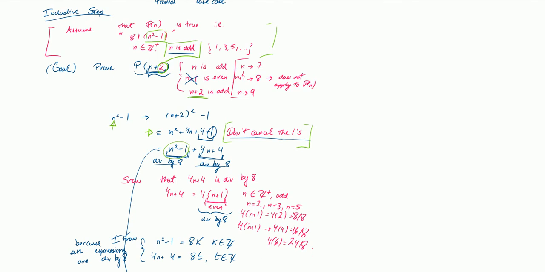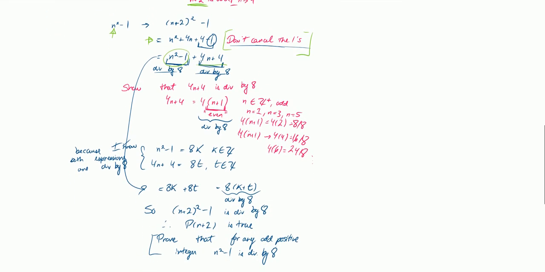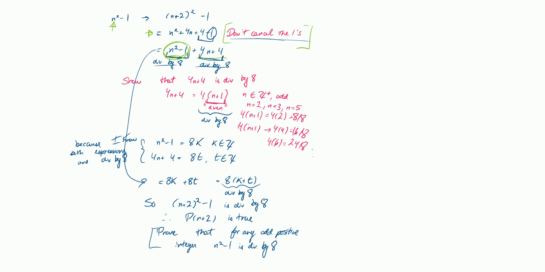This is divisible by 8 by my inductive step over here. And 4n plus 4 is divisible by 8 because you can factor that as 4 times n plus 1. N plus 1 is even, so 4 times an even number is automatically going to be divisible by 8. So I conclude that both of these things are divisible by 8.